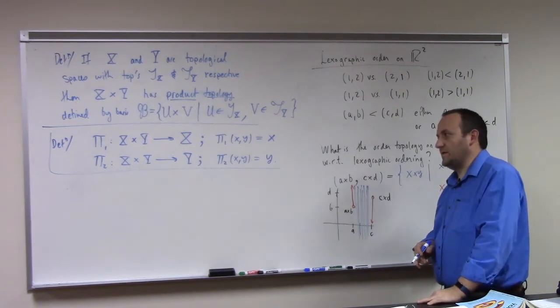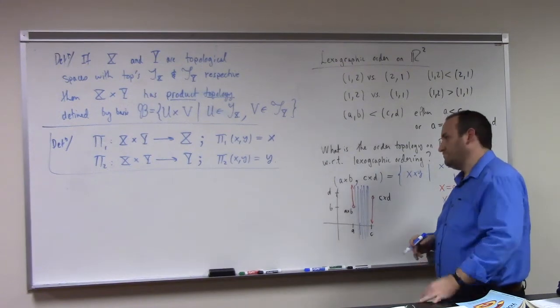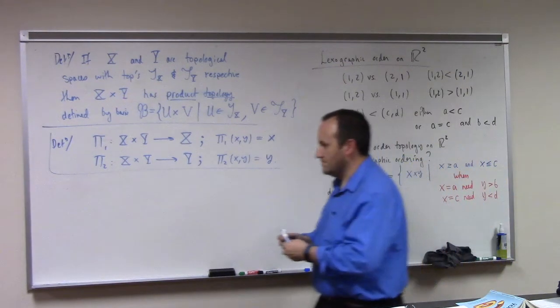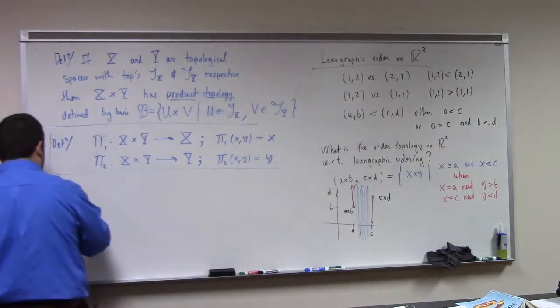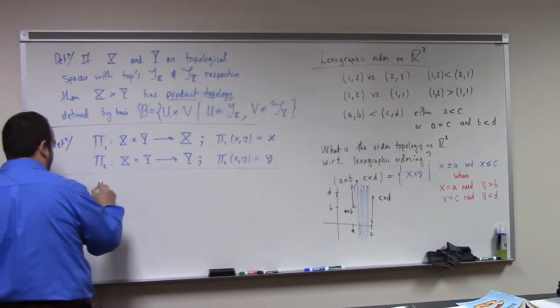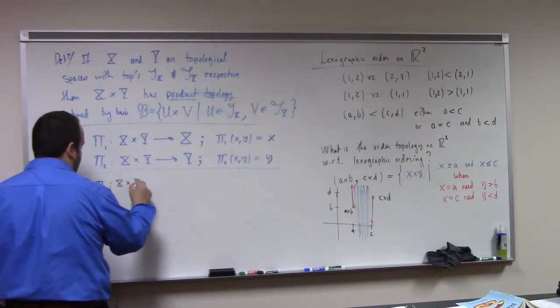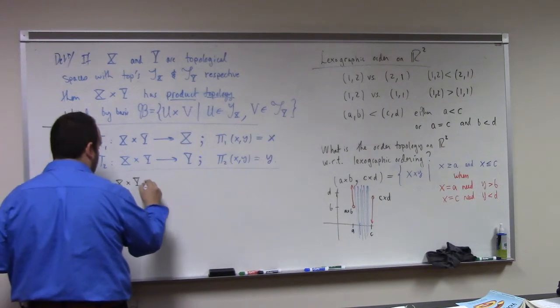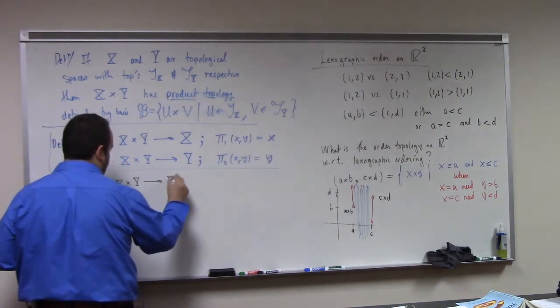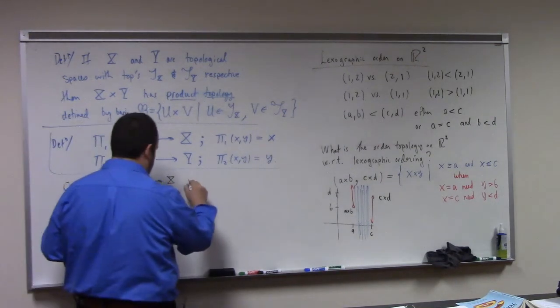How would we prove that pi 1 is a continuous map? What do we need to show? That the inverse does the same? That would make it a homeomorphism, and I think that might not be true. So we want to claim this is continuous.